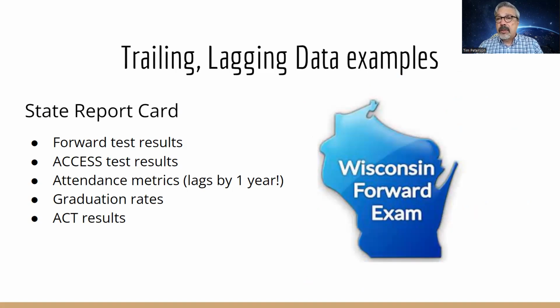So if we're finishing the 22-23 school year, the attendance data that's going to be on your school report card is from the 21-22 academic year. Graduation rates lag by a year or more. ACT results are lagging data. So these are all really important pieces of data, but they typically will not be available for immediate use and change of course, change of direction.